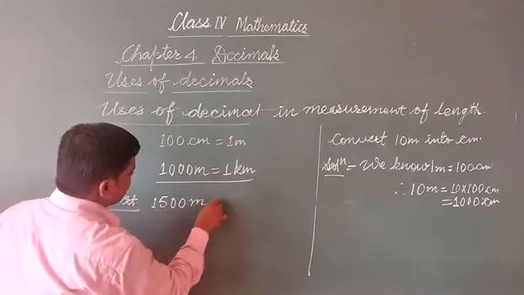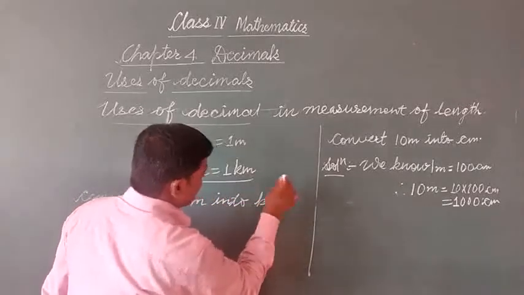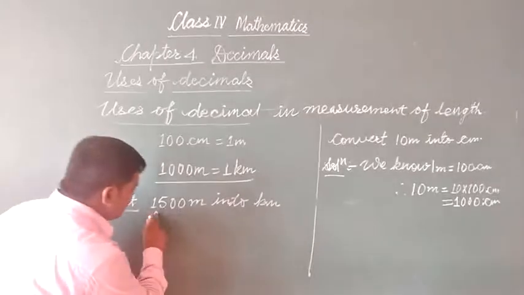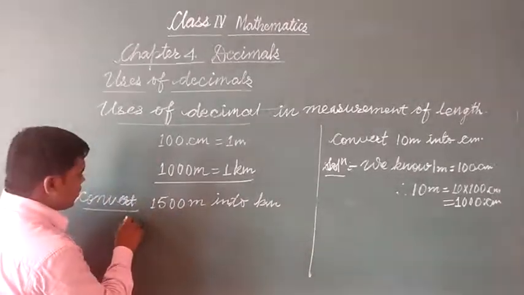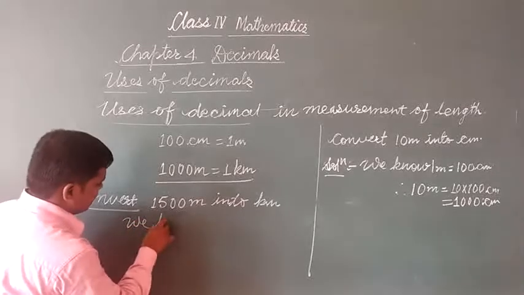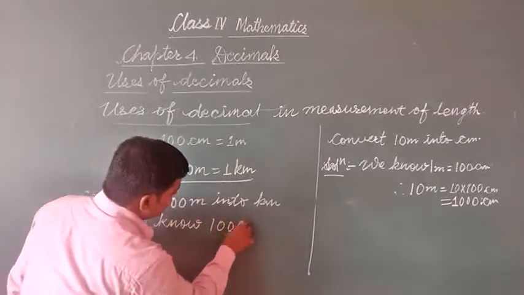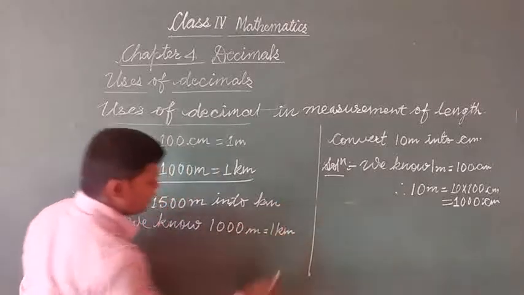For example, if it is given convert 1500 meter into kilometer, then we will simply divide this one by 1000, or you can write, we know 1000 meter is equal to 1 kilometer.